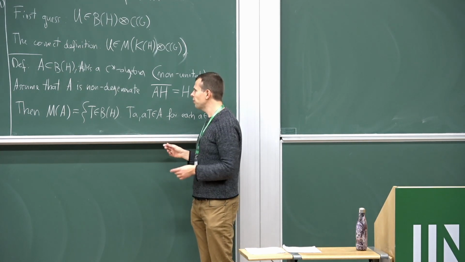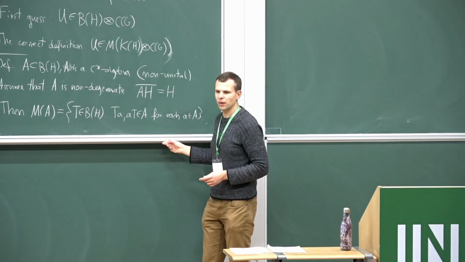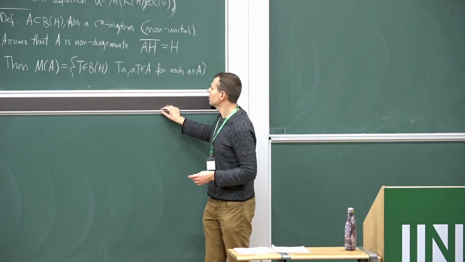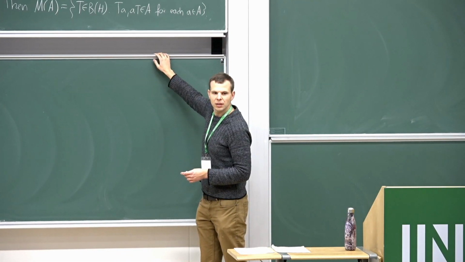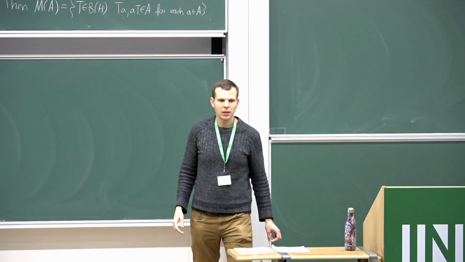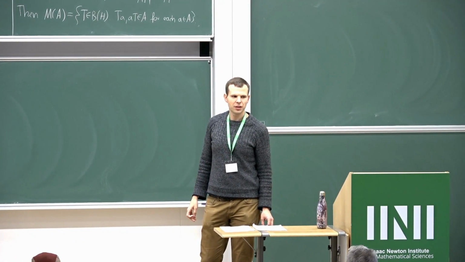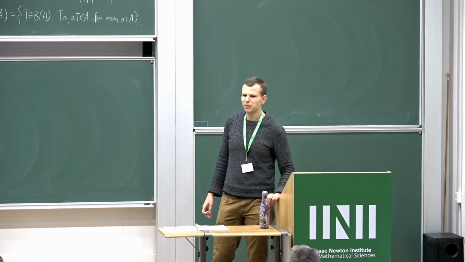But for any non-degenerate representation, it's isomorphic to this object. How do you see that this corresponds to the strong star? It's not obvious.